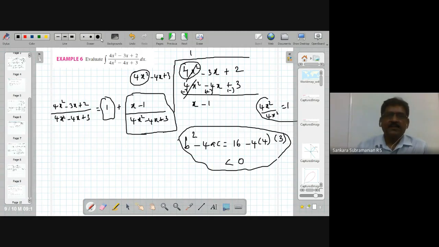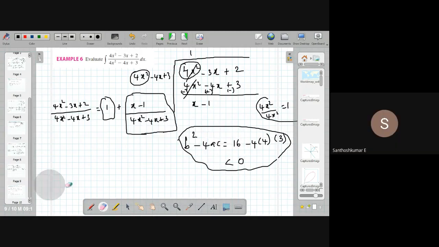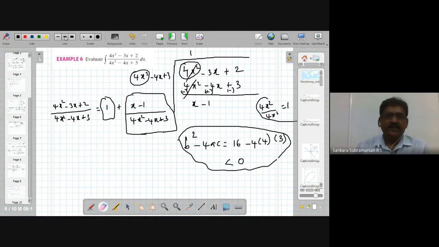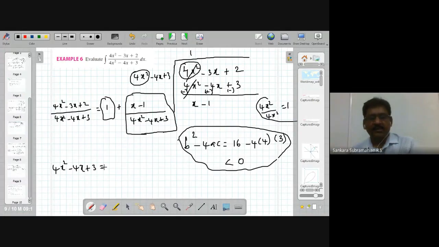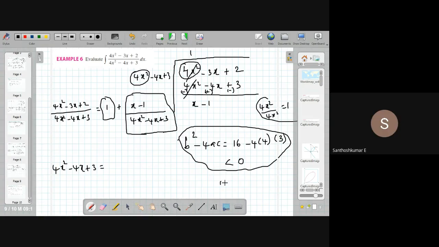இந்த மாதிரி டைம்ல இதை கம்ப்ளீட்டிங் த ஸ்கொயர்ஸ்னு சொல்லுவோம். ரைட், கம்ப்ளீட்டிங் தி ஸ்கொயர்ஸ். இப்போ I'll just give an example. 4x square minus 4x plus 3. இதை என்ன பண்ணணும்னா, ஃபர்ஸ்ட் ஸ்டெப். Sir, divided by 4, sir.